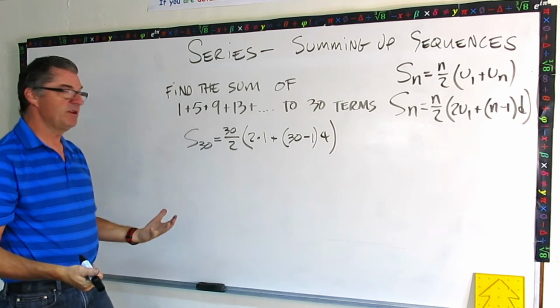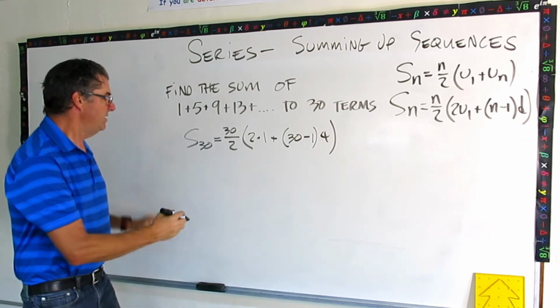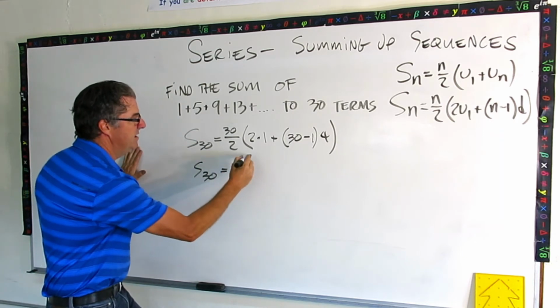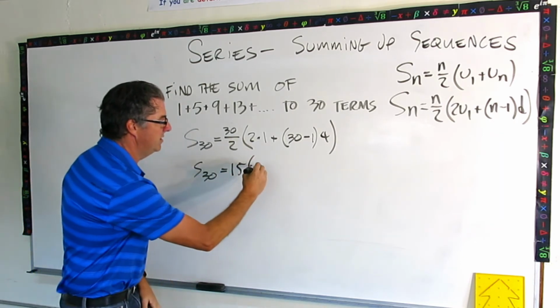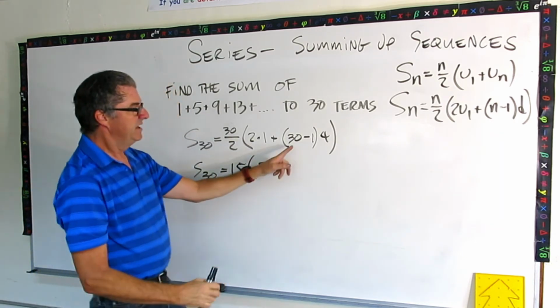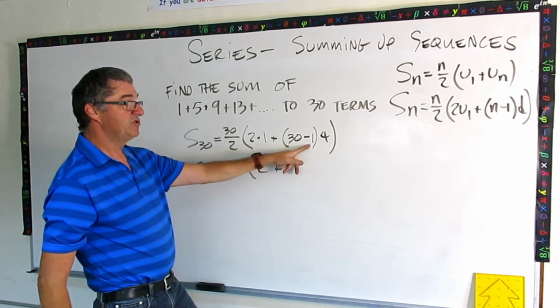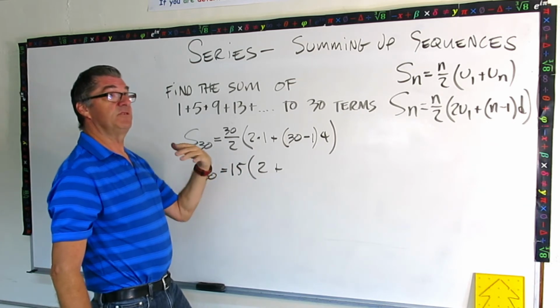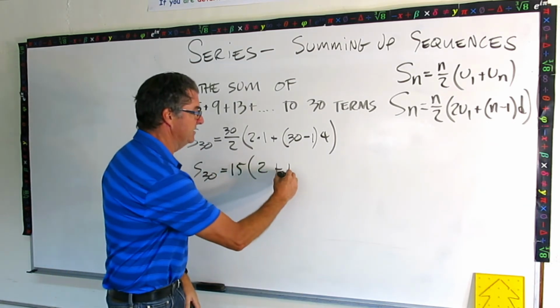Keep track of everything with your parentheses. Make sure your algebra is good. So S30 is going to be 15 times, this is 2, plus, now 30 minus 1 is 29 times 4, which is 116.